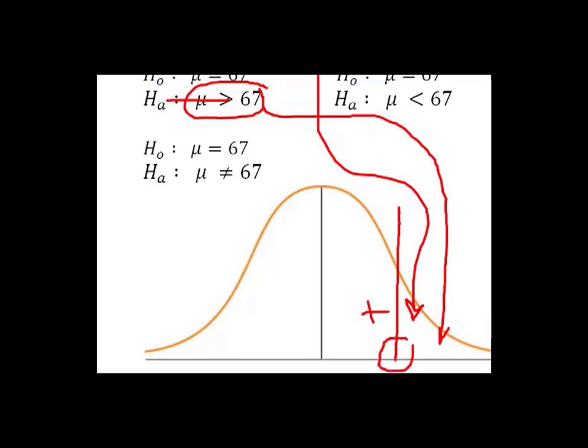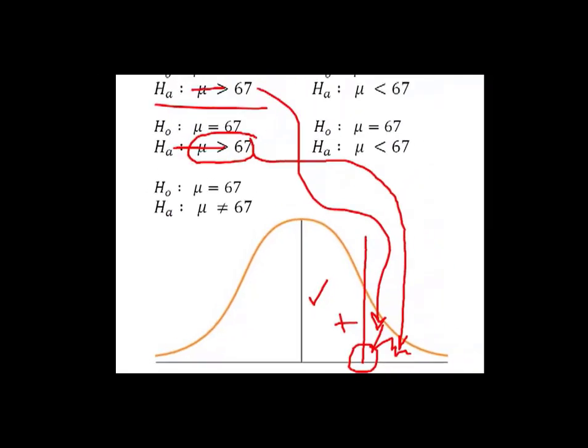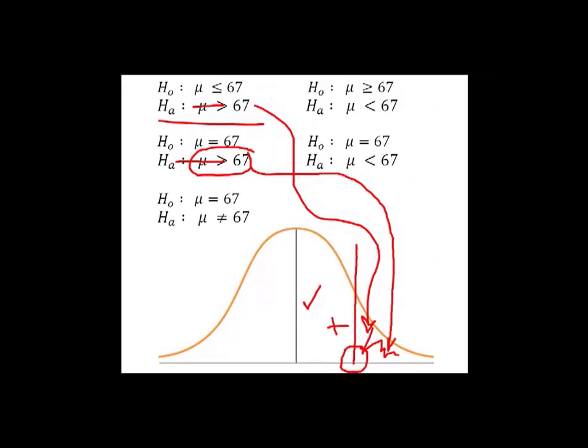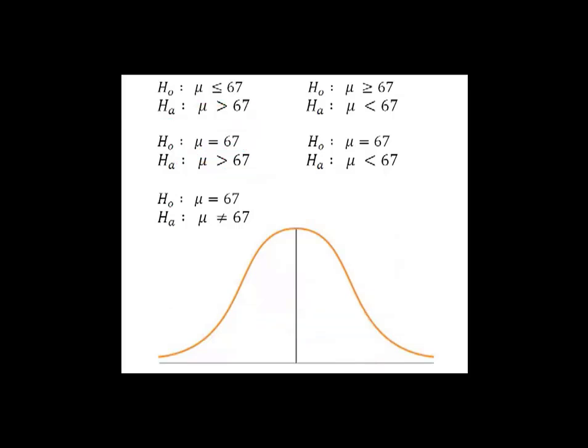When you're determining the value that separates the rejection region from the OK region, from the not reject region, if your sign is greater than, it's pointing you to that side of the curve. So, I bet you guys know what's coming next, don't you?